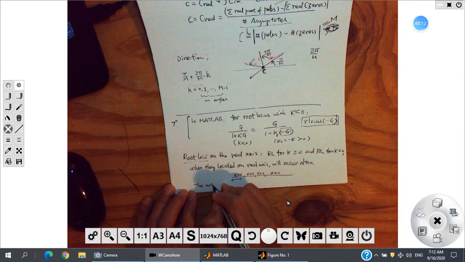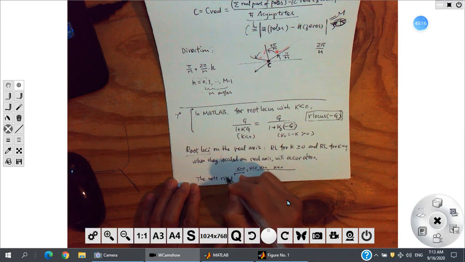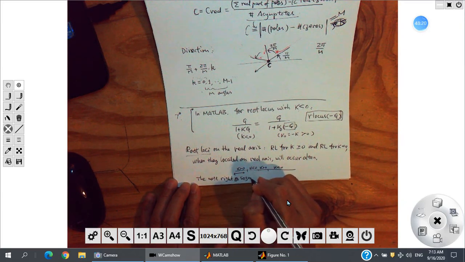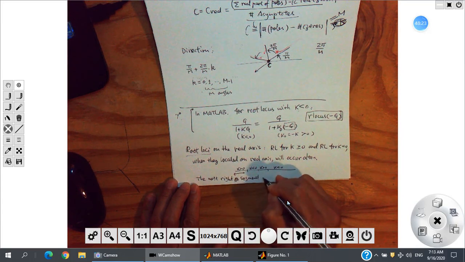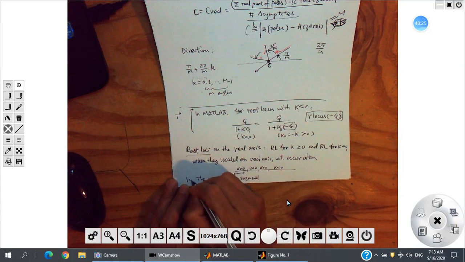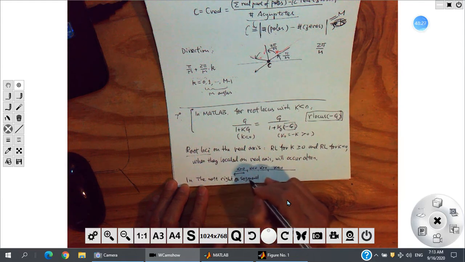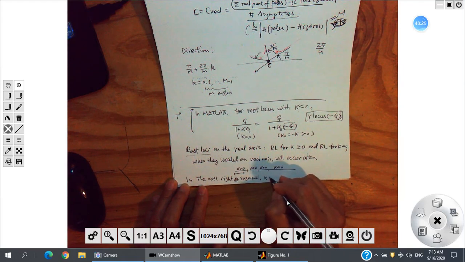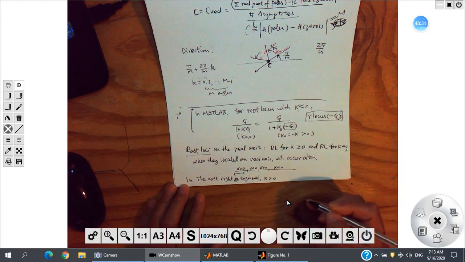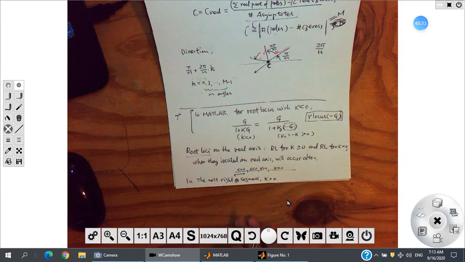Most right part, right piece, right segment. In the most right segment, k must be positive.